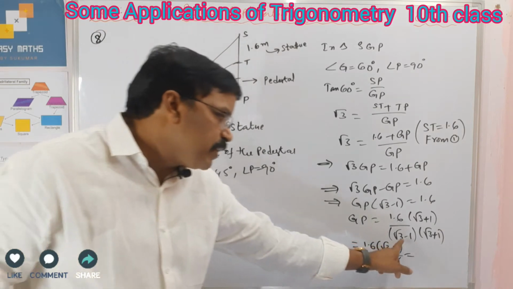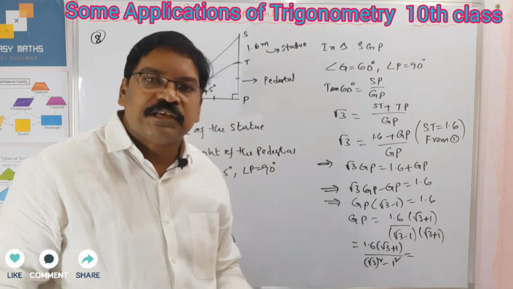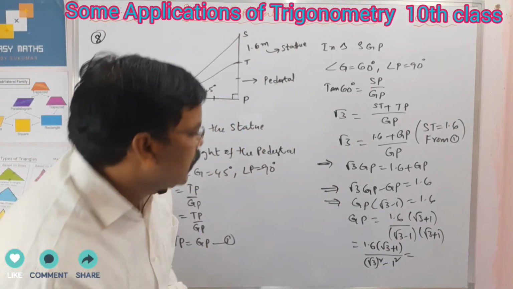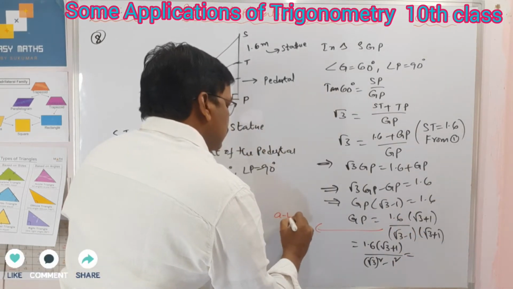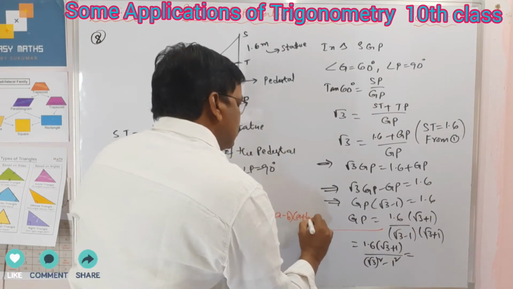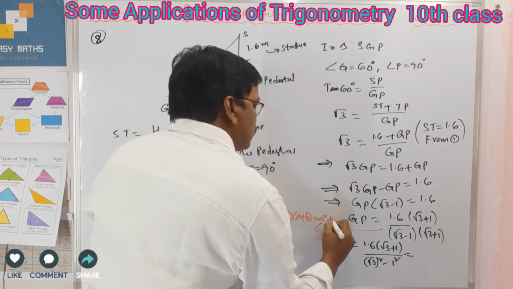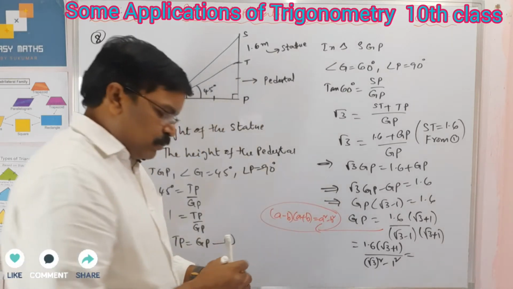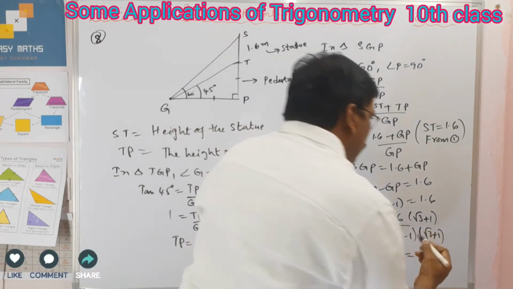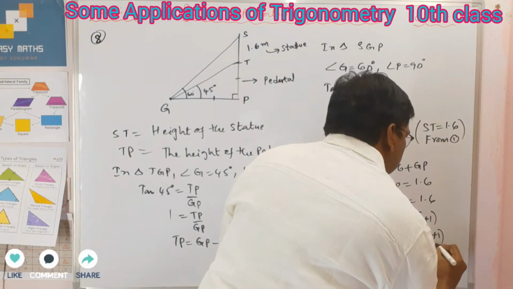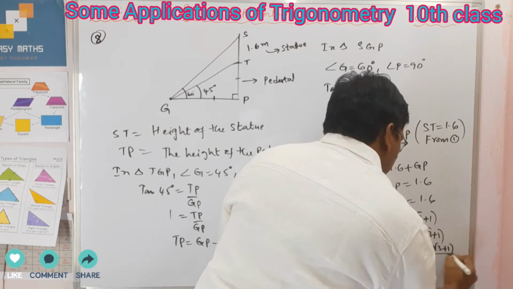This is in the form a minus b times a plus b, which is equal to a square minus b square. So the square and root get cancelled here. This is equal to 1.6 times root 3 plus 1 by 2.